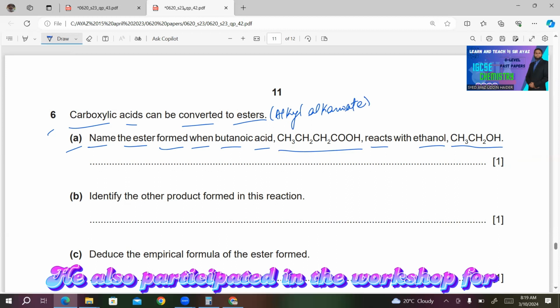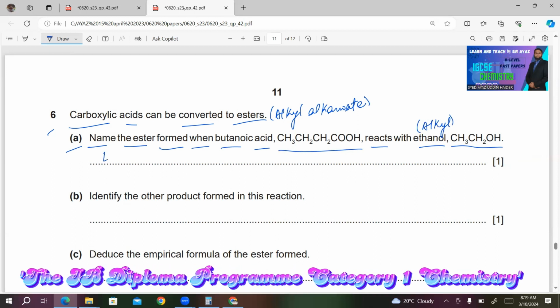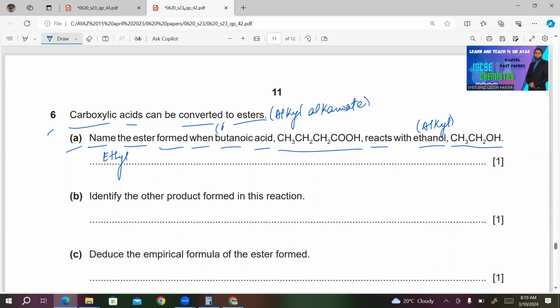The alkyl group is coming from the alcohol, so in this case we get ethyl. The alkanoate group comes from the carboxylic acid, which is butanoic acid. So you will get ethyl butanoate.